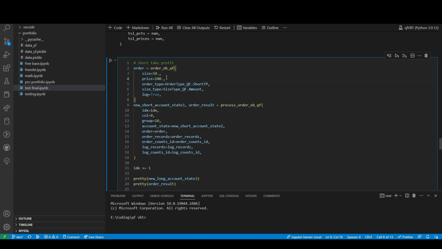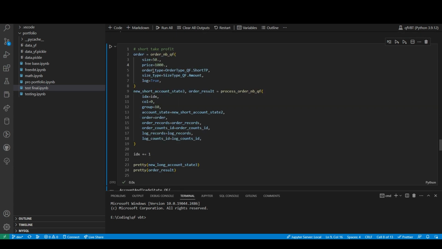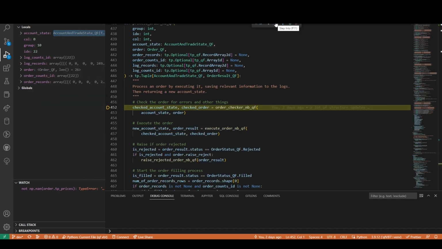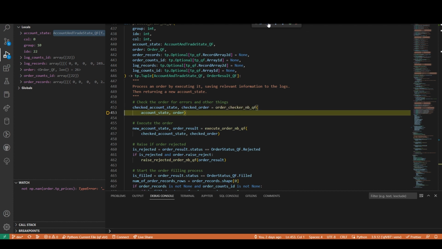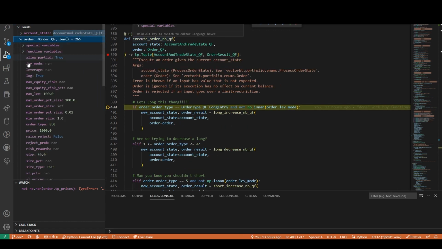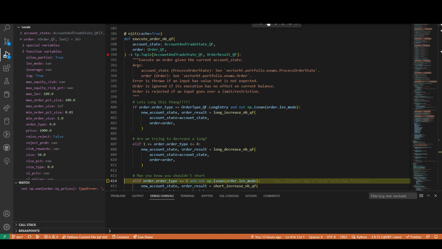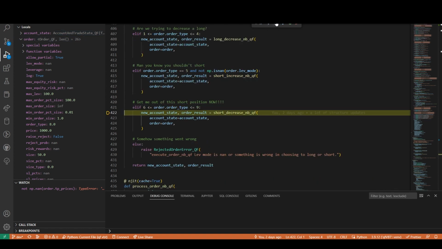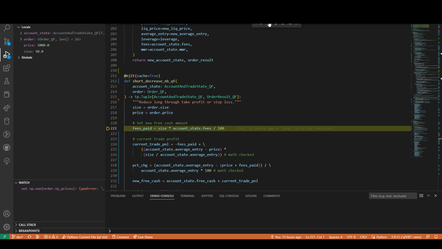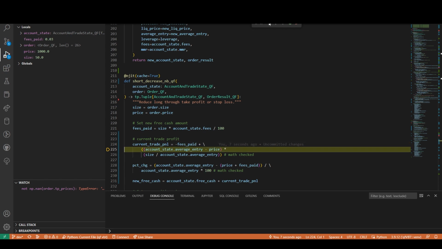If I'm taking profit at 1,000, size is 50, everything's fine. So size is 50, price is 1,000, fees paid is that.